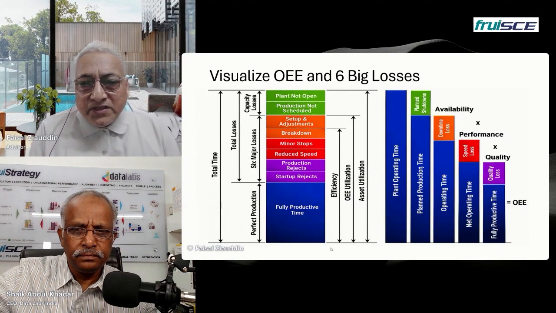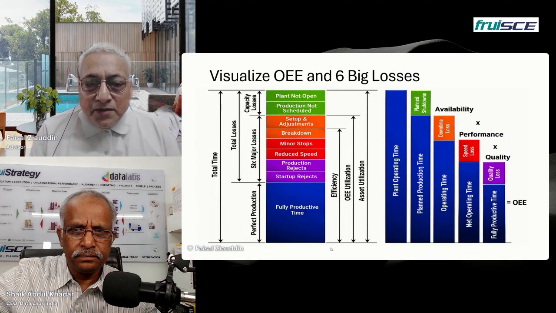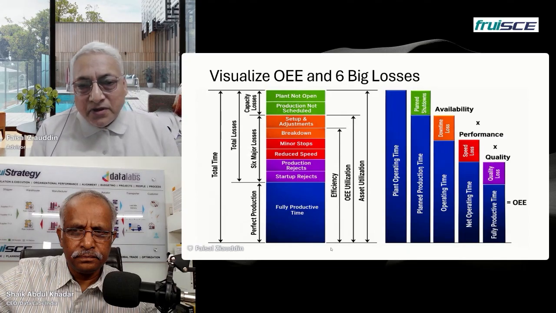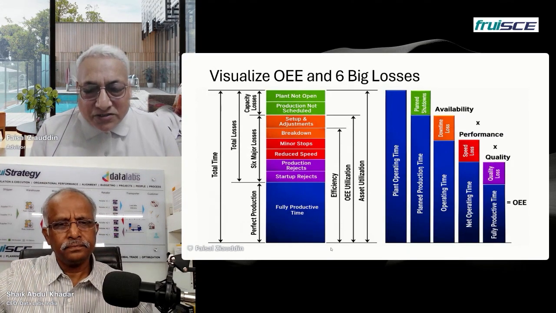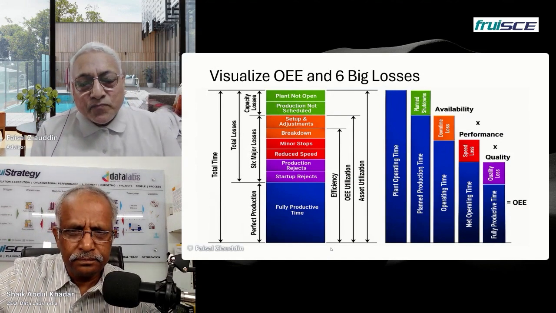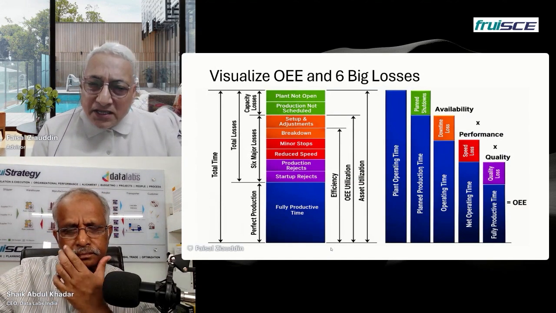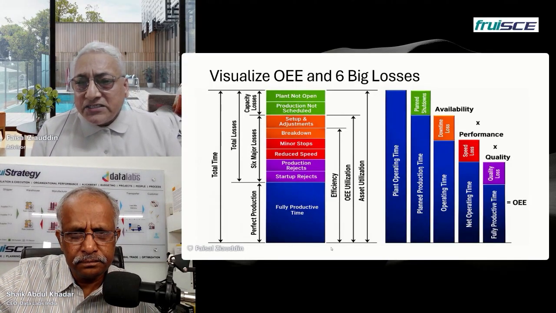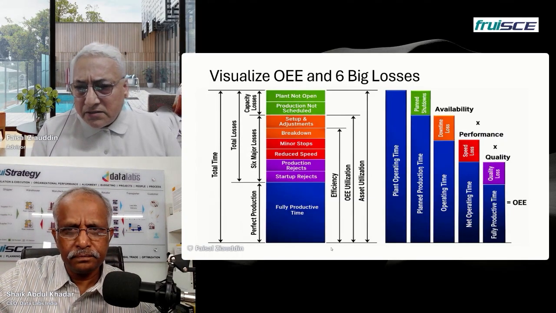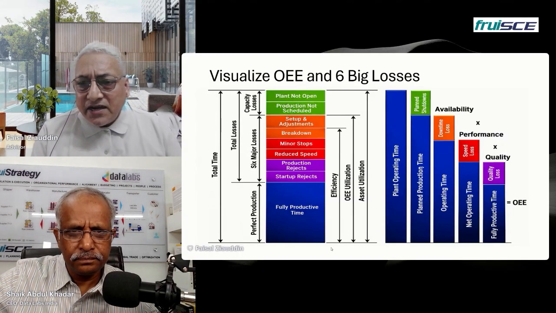Operating time with the downtime losses becomes the availability, and operating time minus the speed losses becomes the performance. Fully productive time minus the quality losses finally becomes the overall equipment effectiveness. So it's an excellent way of visualizing OEE, and we can have our own percentages assigned here for different types of losses to see what is to be addressed on priority.